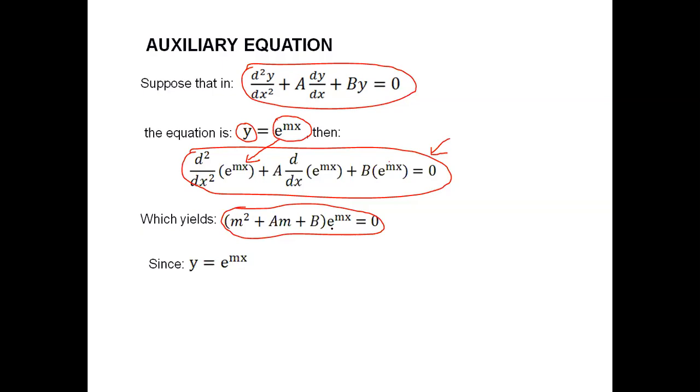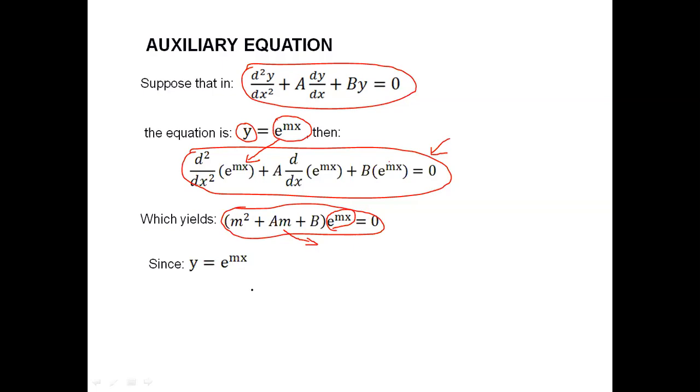We know that e raised to the power mx is not equal to 0, which means the roots of m squared plus am plus b should be able to give us a 0.